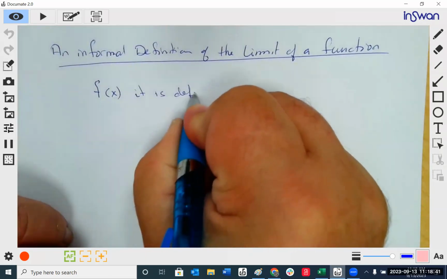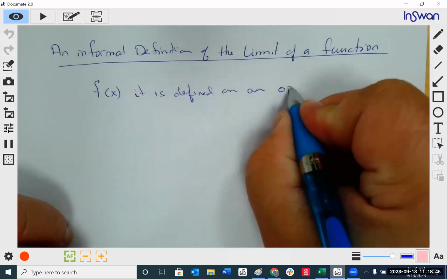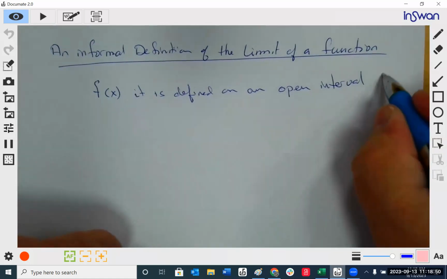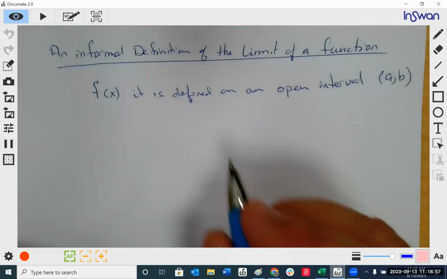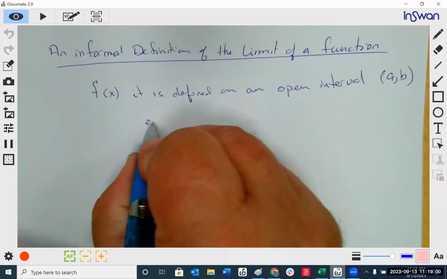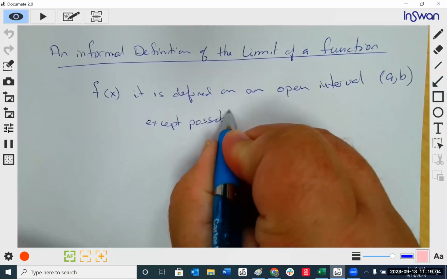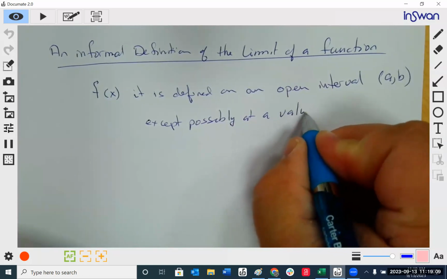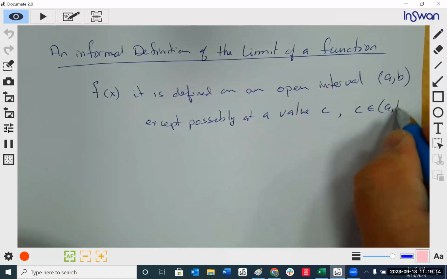It is defined on an open interval (a, b), except possibly at a value c. c is inside that open interval.